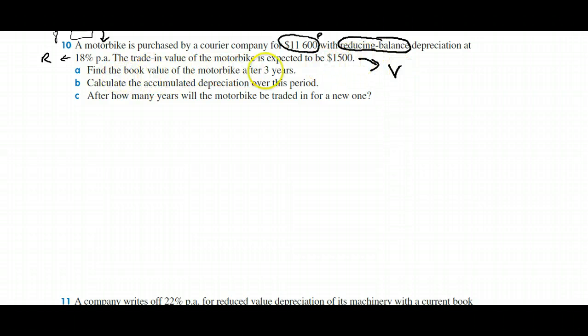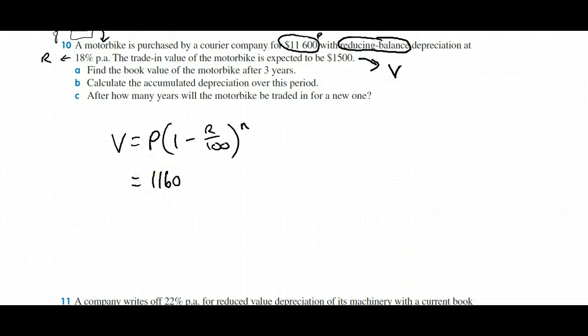Find the book value of the motorbike after 3 years. Okay, so if we're doing reducing balance, it's going to be V equals P times (1 minus R over 100) to the power of N. And in this case, P is 11,600, R is 18, and N, if we're doing 3 years, then N is 3.